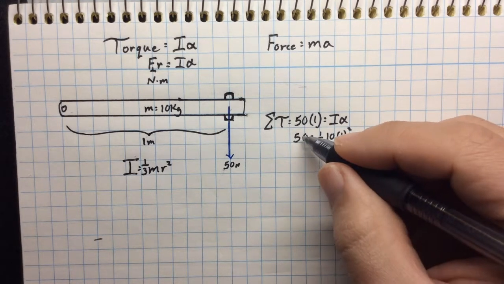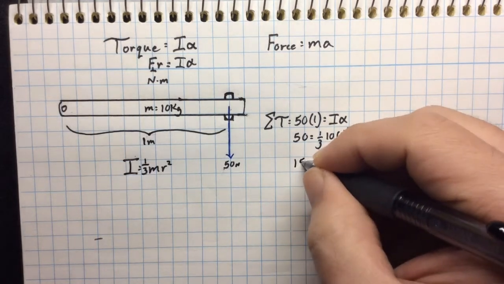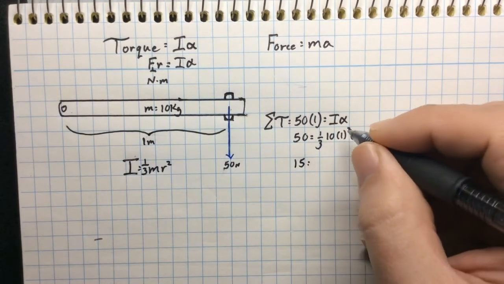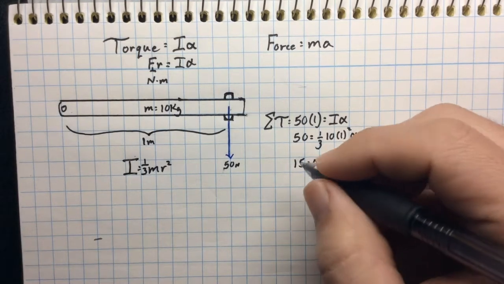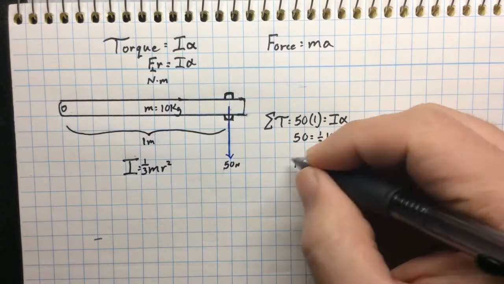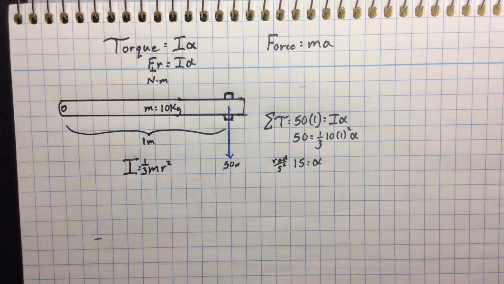So 50 times 3, 150, divided by 10, 15. 15 is equal to alpha on the right side, and that's going to be 15 radians per second squared. And that's pretty high, honestly.